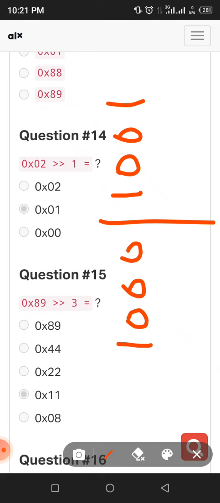Shifting it 3 times to the right, this is going to be out, this is going to be out, this is going to be out. So we're starting from this one we have here. That's where we're starting from. So we now have 1, which is for this one here.